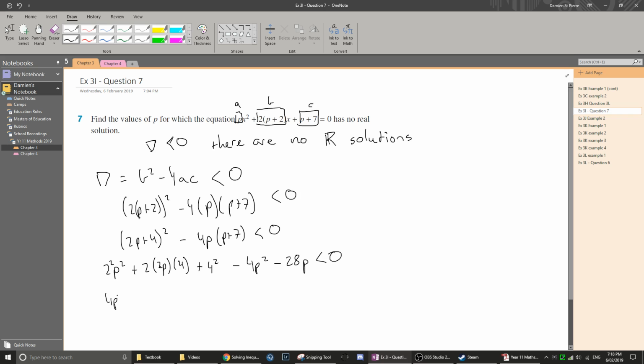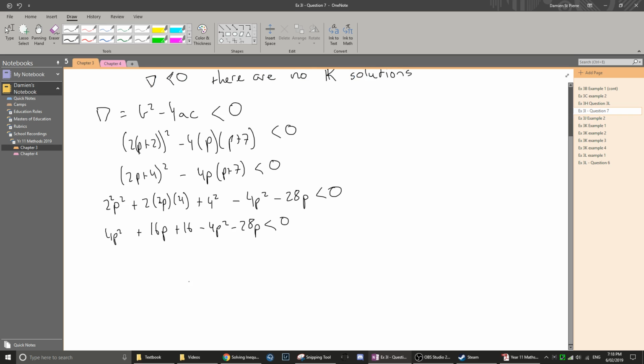So we get 4p squared plus 4 times 4, we get 16p plus 16 minus 4p squared minus 28p, all less than 0.